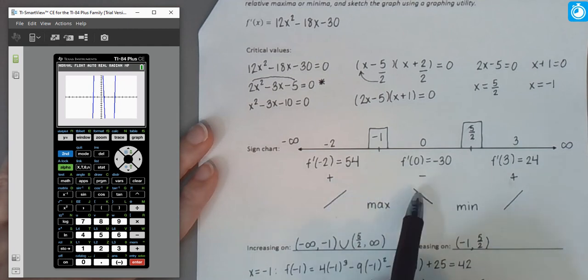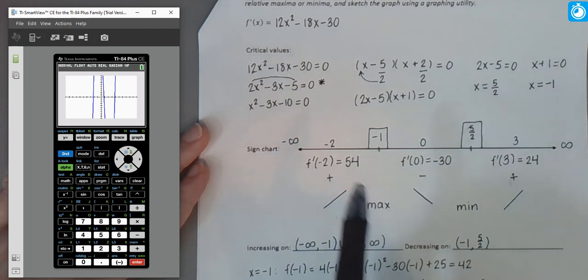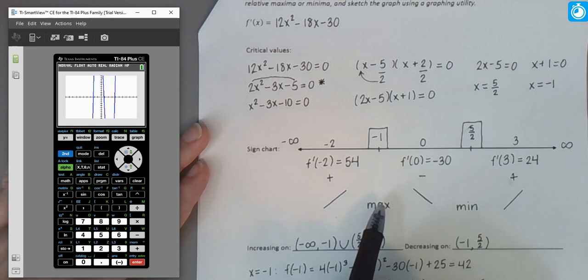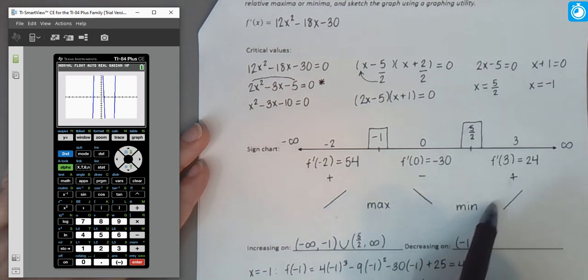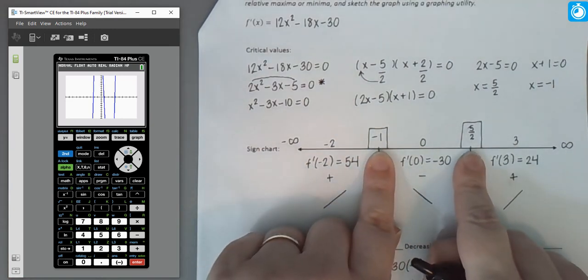Now, based on how we change in terms of our behavior, that tells us where we hit a maximum and where we hit a minimum. So we go from increasing to decreasing, which means we hit a maximum, and then we go from decreasing to increasing, which means we hit a minimum. So the critical values are not the actual maximum and minimum values.